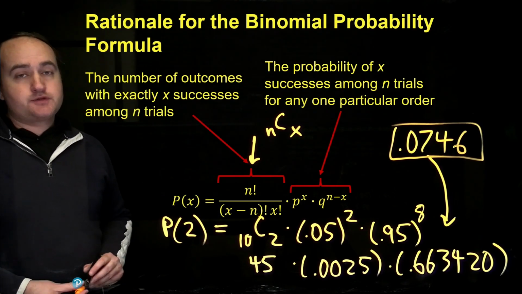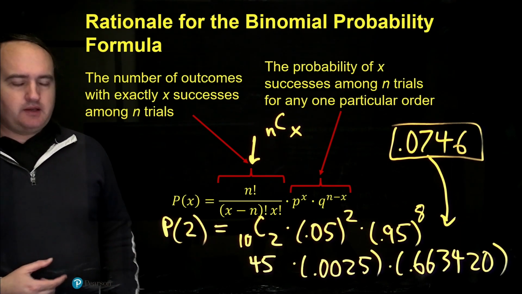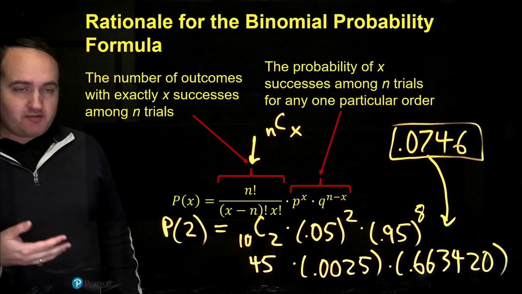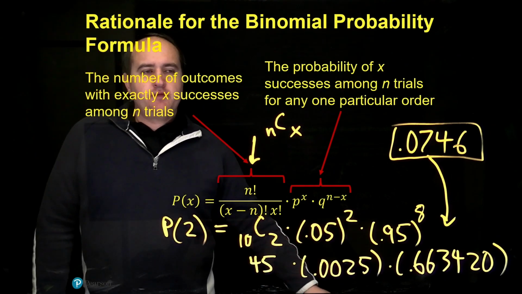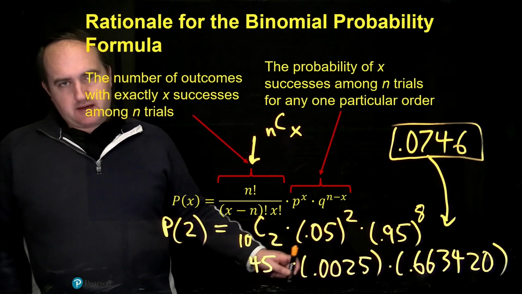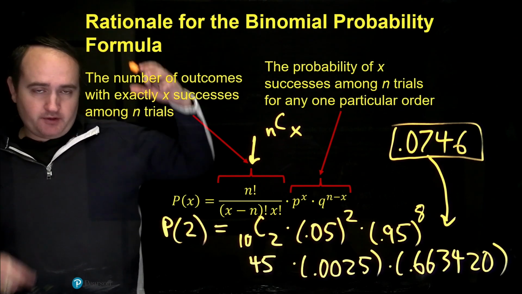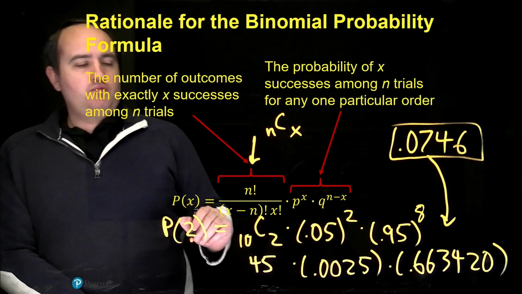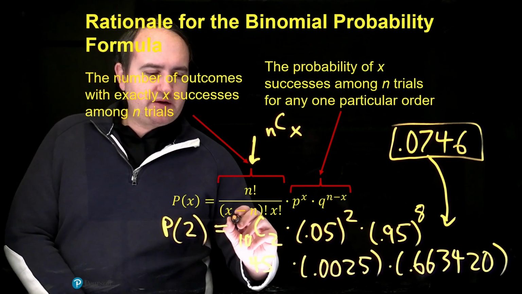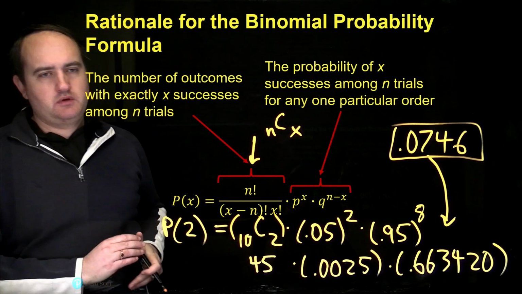And I did also want to point out that with a lot of modern calculators, you don't necessarily have to write it out as 3 separate parts like I did here and then multiply each part. So to save time, if you become skilled with your calculator, one thing you could do is you could just put parentheses around the 10C2.